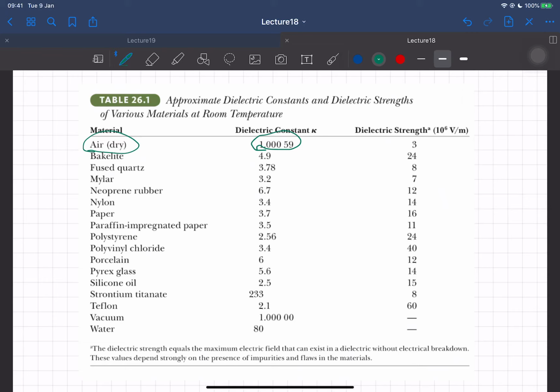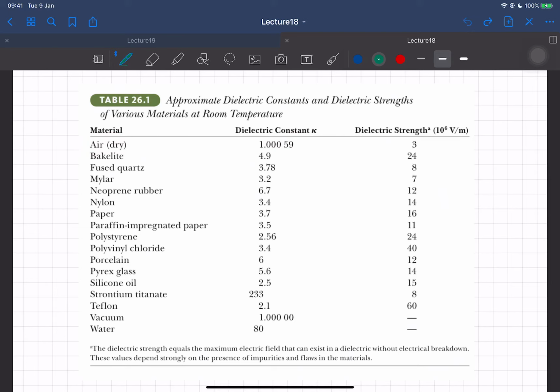This should remind you of something. If you remember, we talked about index of refraction before the midterm. It turns out that the dielectric constant is very closely related to index of refraction. Not exactly the same, but very similar. So air is very close to 1.